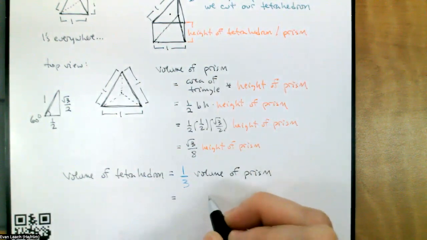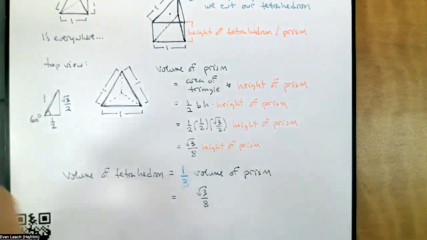So 1/3 times the √3/8 times the height of the prism.